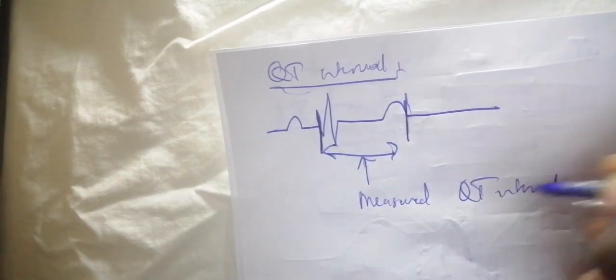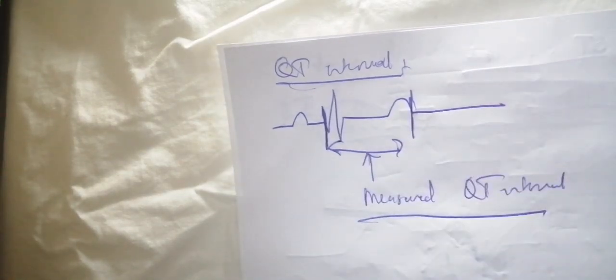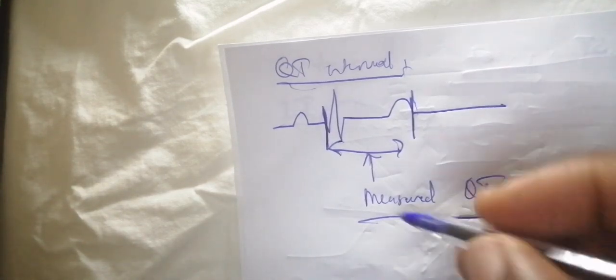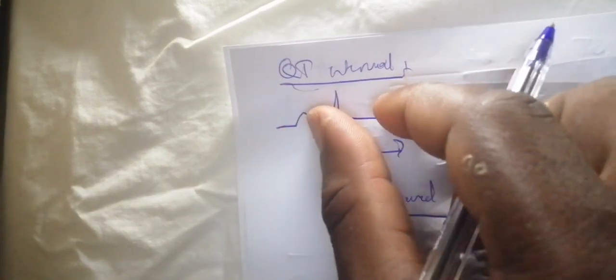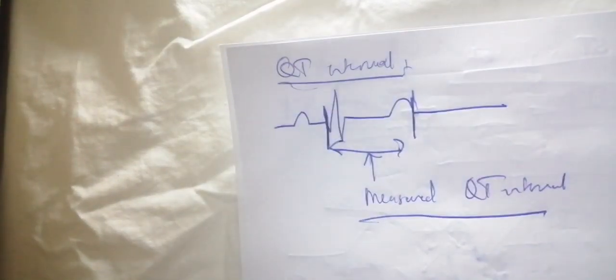Is it clear? But now we have to point out the fact that the QT interval is what changes with respect to the heart rate. If somebody does exercises and then has an increase in heart rate, there is going to be a reduction in the QT interval.